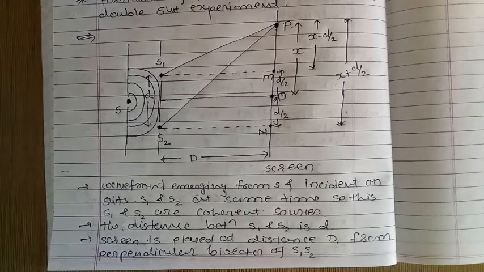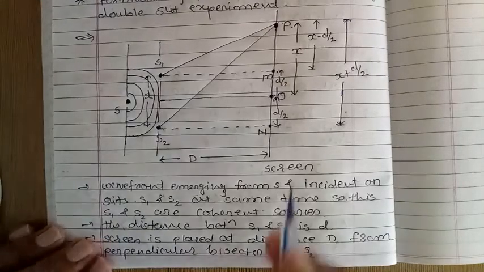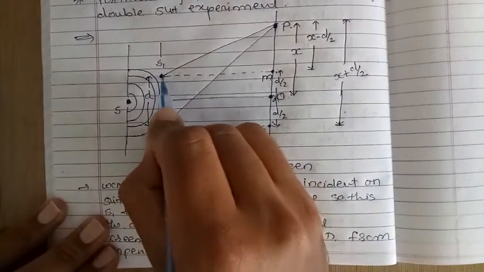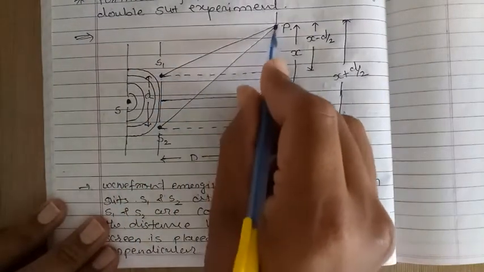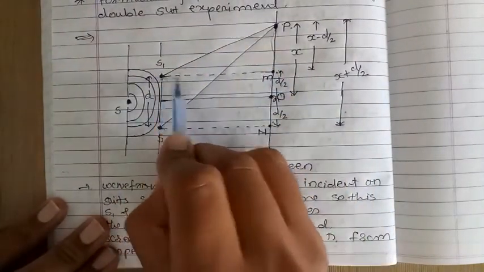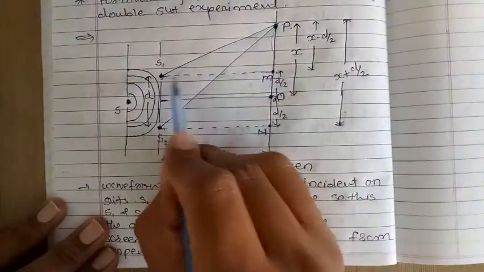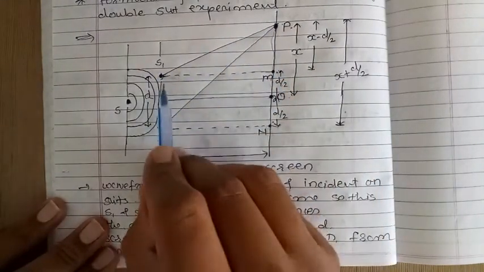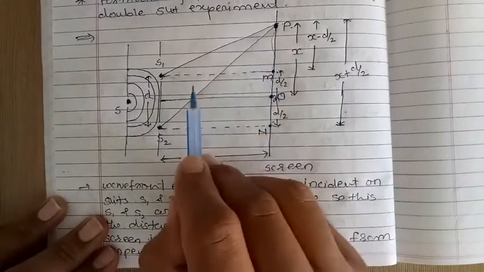To find S1P, see this triangle S1MP. Here we can use the Pythagoras formula.